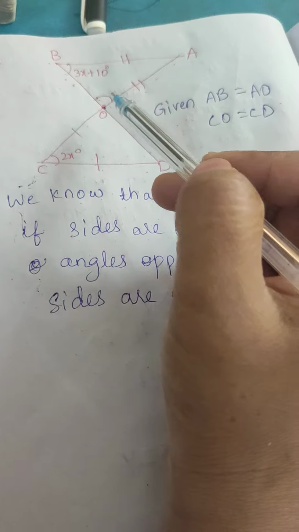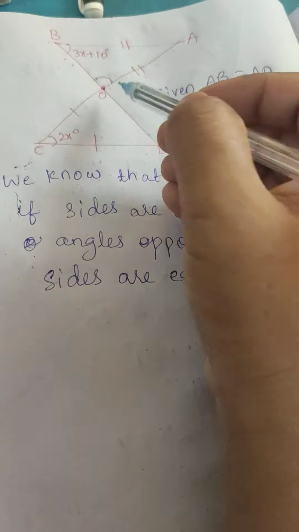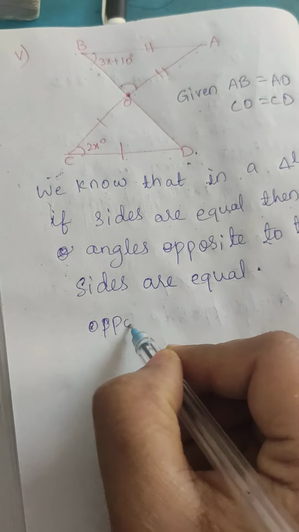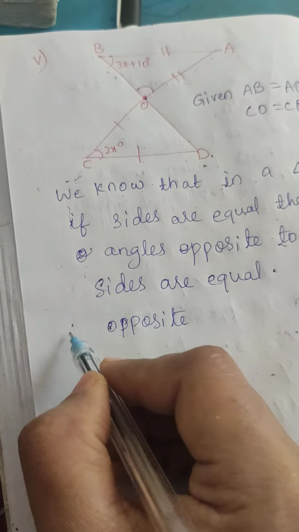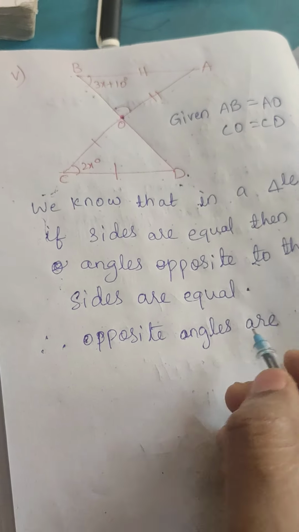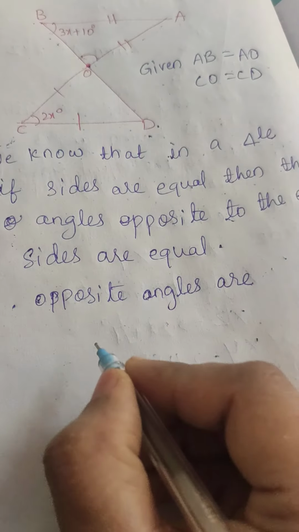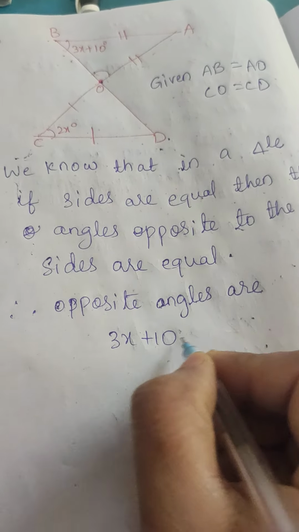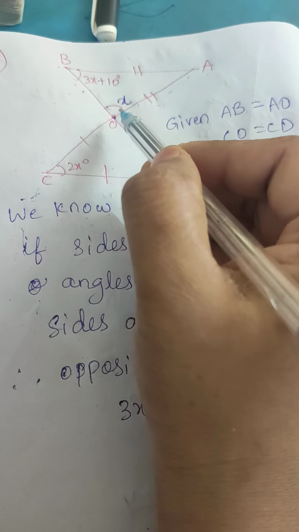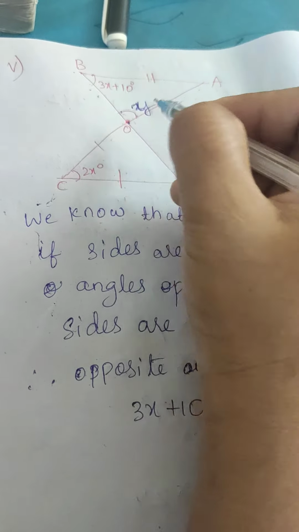That means 3x plus 10 is opposite to AO, therefore the opposite angles are 3x plus 10, which should be equal to, let me take this as x, which is not x, already we have x, so let us take it as some y.